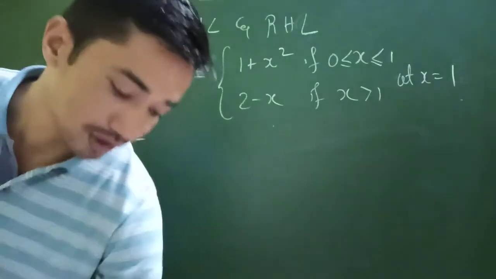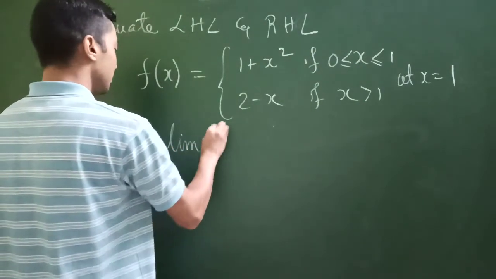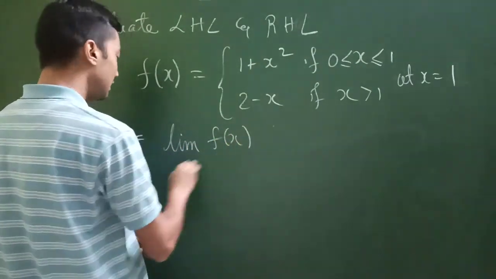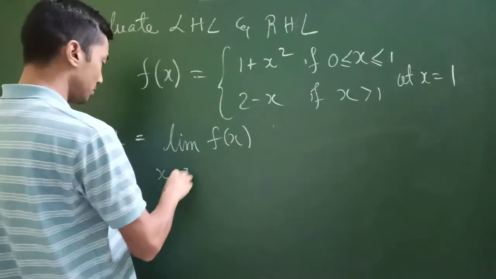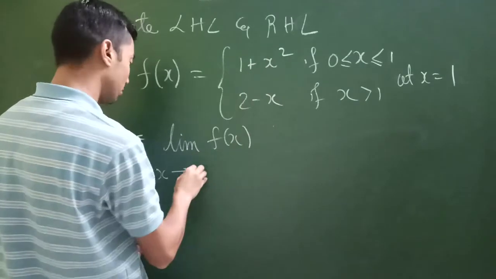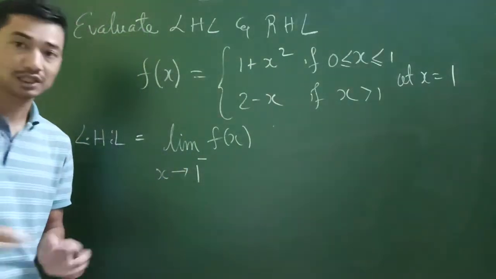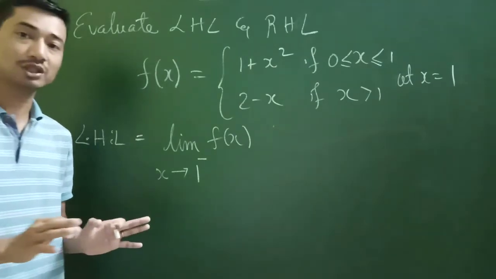The first step that you write, very simple, is that left hand limit means the limiting value of the function as x tends to, what is our point here? 1, isn't it? At x equal to 1. As x tends to 1 from the left hand side. That's the first thing that we have to write, whatever be the point.